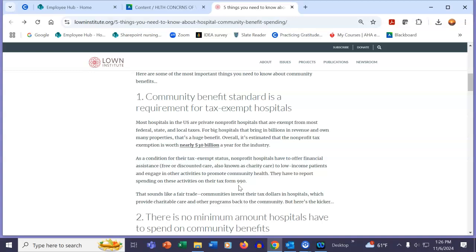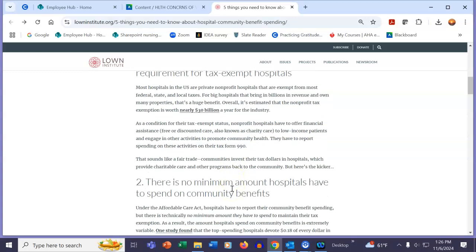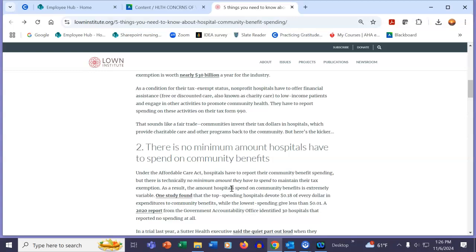I was going to include it, but I thought that was a little too much. But now it goes on to talk about the spending that hospitals give back to the community compared to the amount of tax benefits they receive.